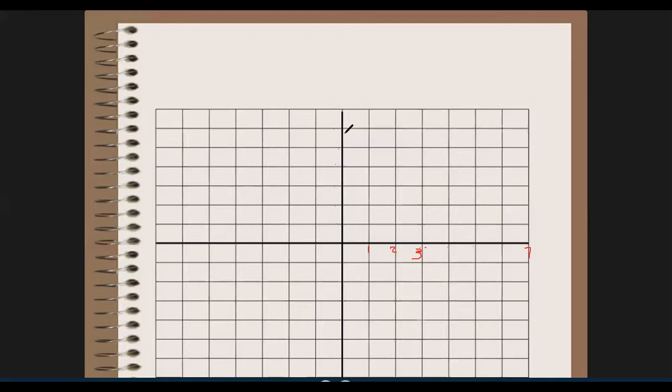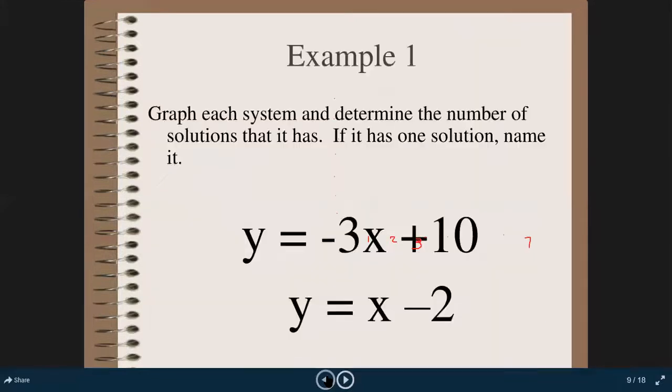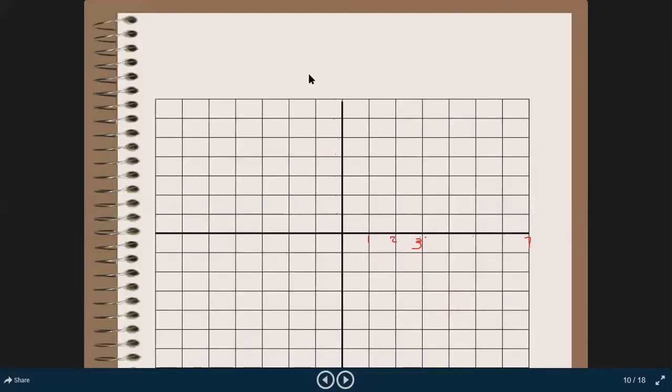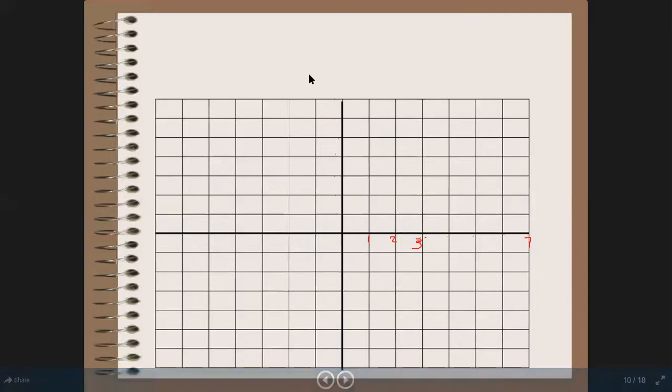We said in the first question, do you remember what it was? It was y equals negative 3x plus 10, right? So we will write the question again.